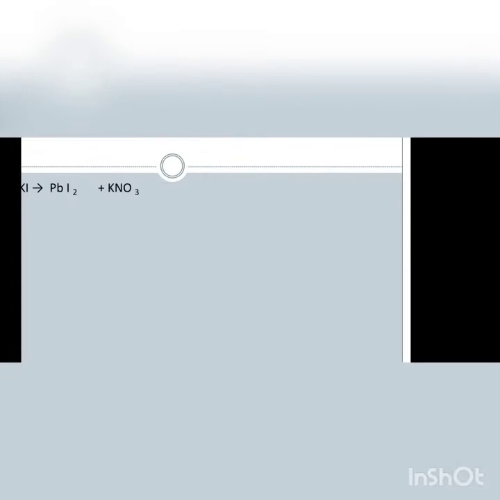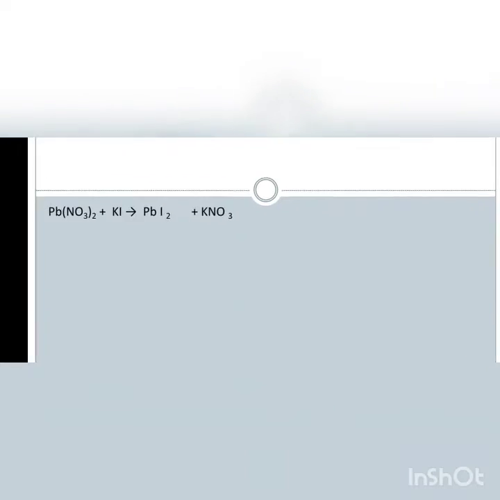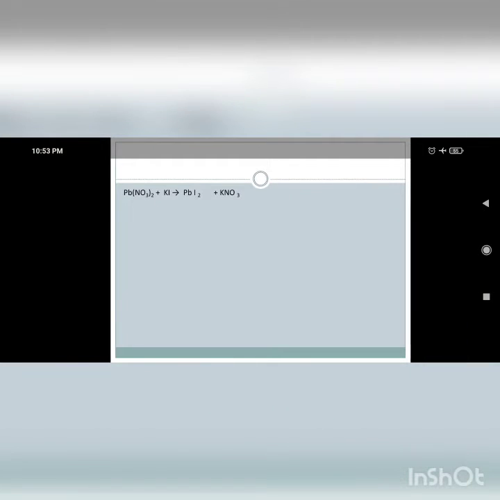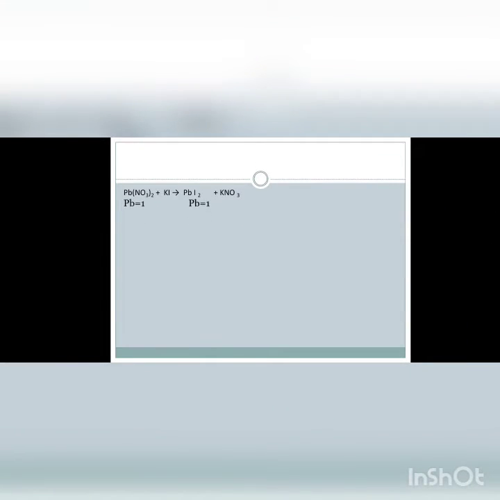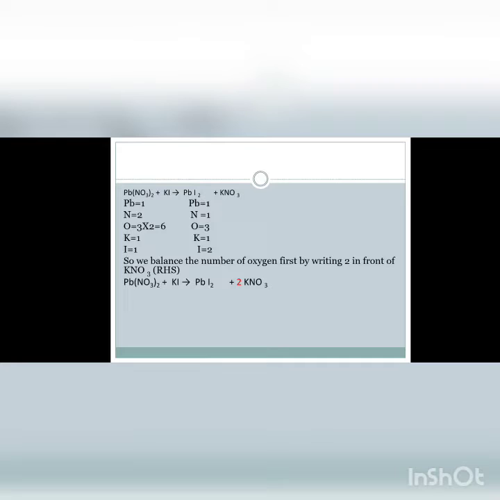So we are going to balance the equation by writing the number of atoms on both the sides. We can see that only potassium and lead are being balanced. For this, we will place 2 in front of potassium nitrate.